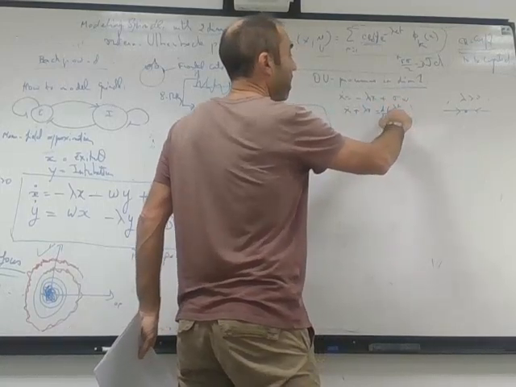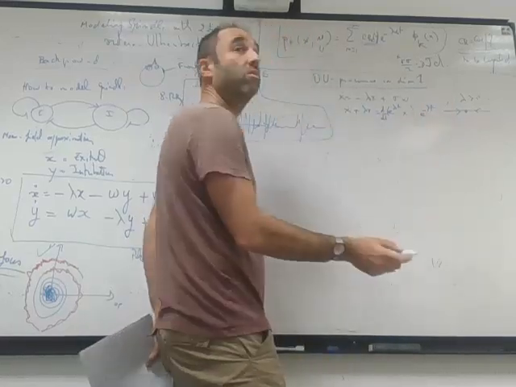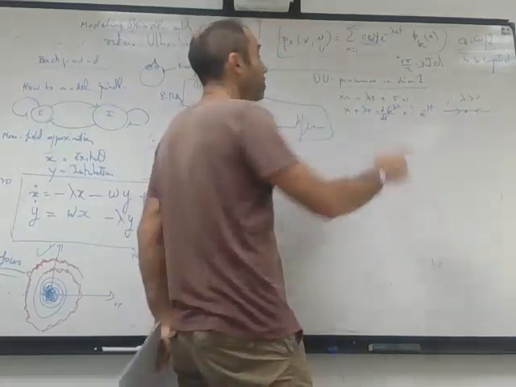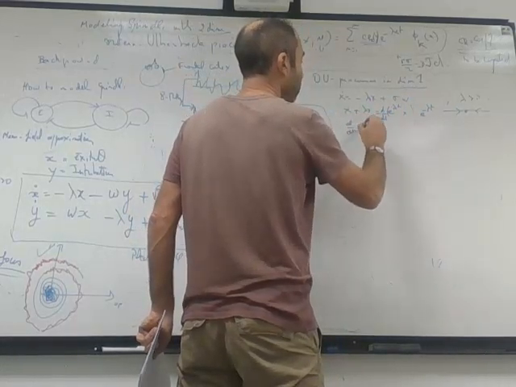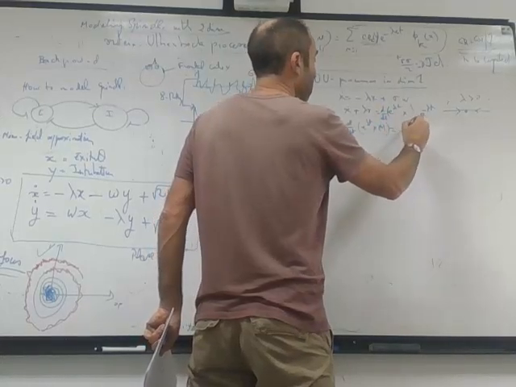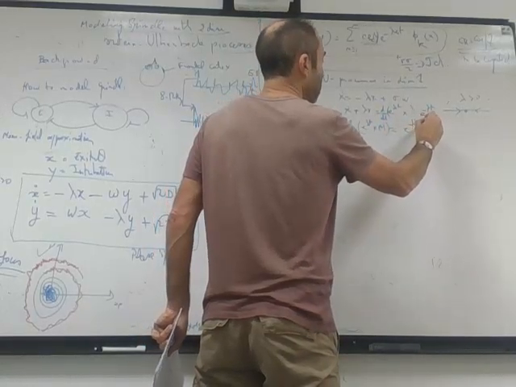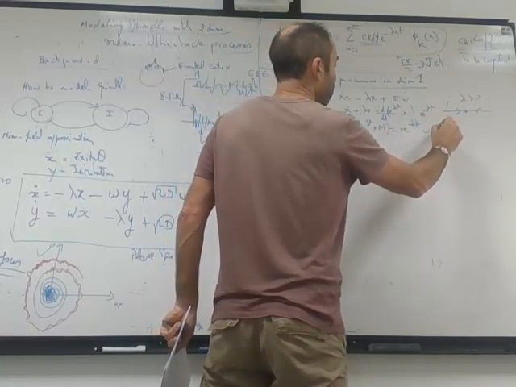You agree that I have x dot, I have plus lambda, and I multiply by exponential lambda t, and this is equal to this. Right? So then if I just change it in this way, I have d/dt of exponential lambda t of x of t equals exponential lambda t sigma w dot of t.